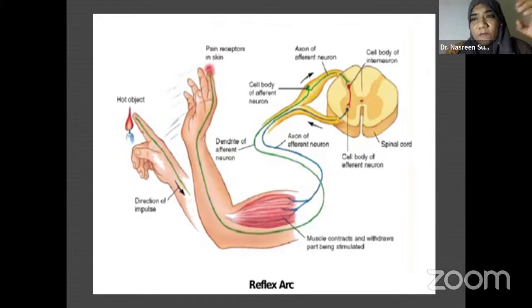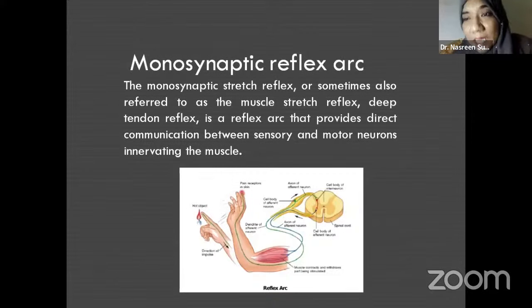Now this is very simple, but reflexes are also of different types. You have monosynaptic reflexes and polysynaptic reflexes. In some papers we have asked this also: monosynaptic reflex arc and polysynaptic reflex arc. You need not worry and you need not remember everything.